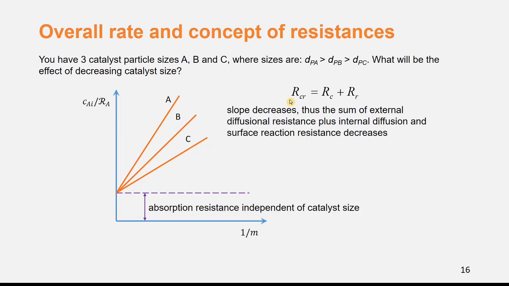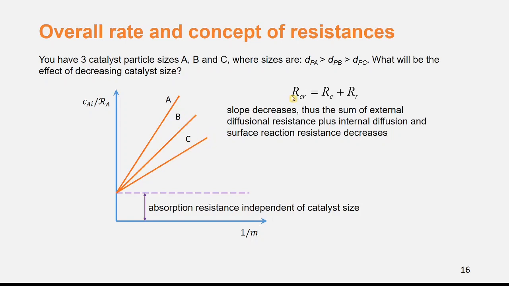So what conclusions did you come to? The combined resistance, RCR, is the slope of the plots CAI divided by the rate RA versus 1 over m. And here we can see the slopes are different for different catalyst sizes. The slope is shallower for smaller particles.